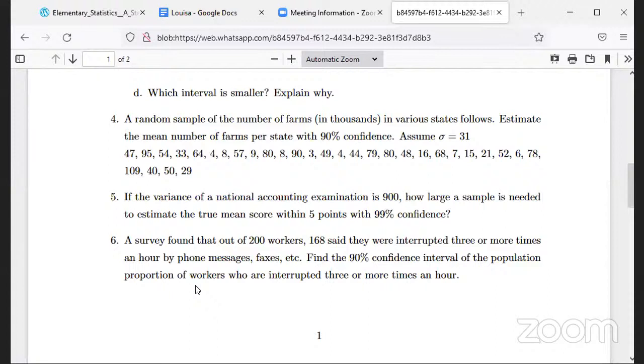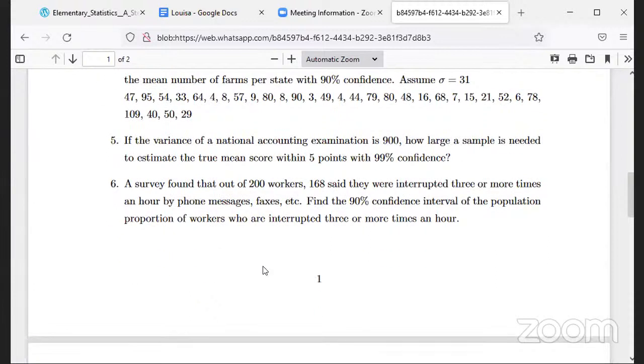Question 6 is, a survey found that out of 200 workers, so it means that n is equal to 200.